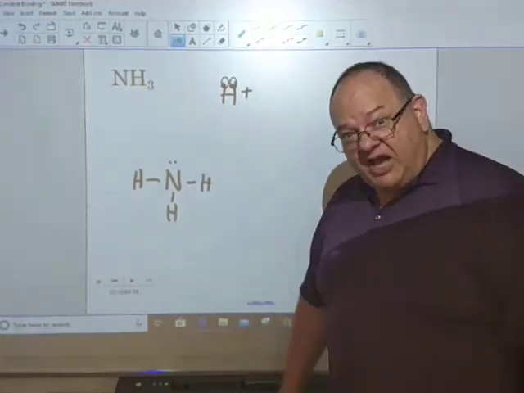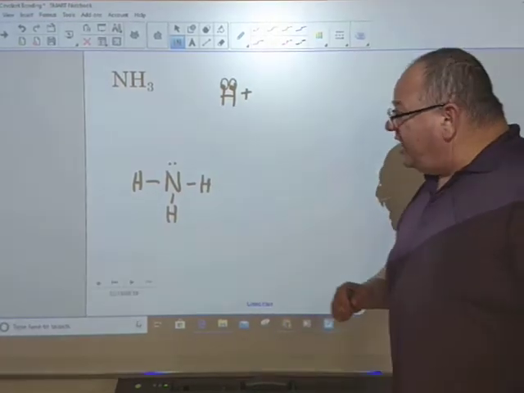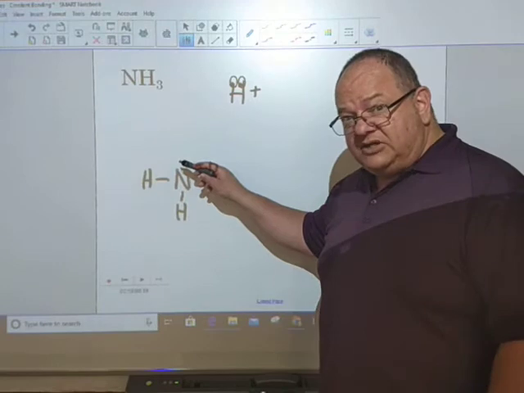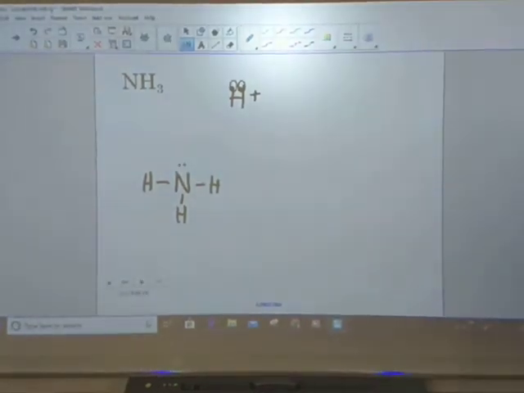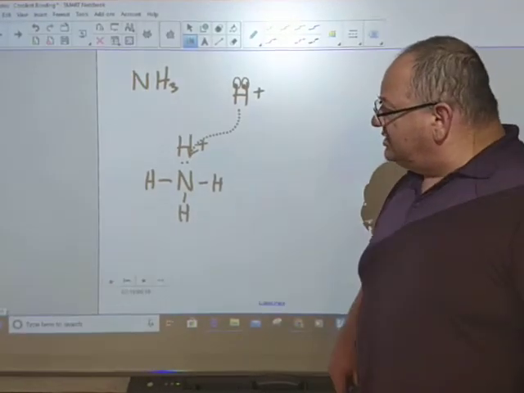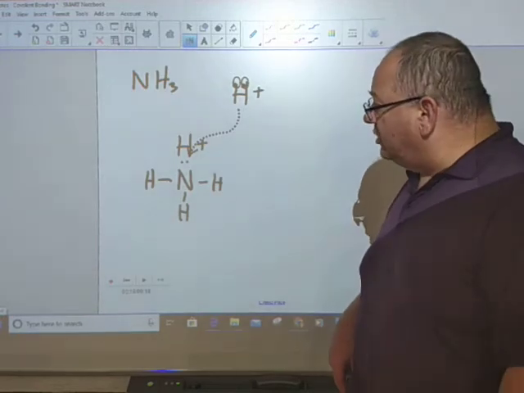Now that's attractive. Holy cow! And so that hydrogen is very attracted as a positive charge. It's really attracted to a pair of electrons. So without making any contribution of its own, that hydrogen ion just kind of goes and latches on to that unshared pair from the ammonia molecule.